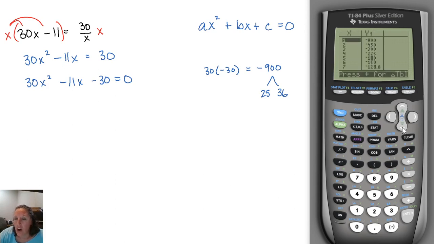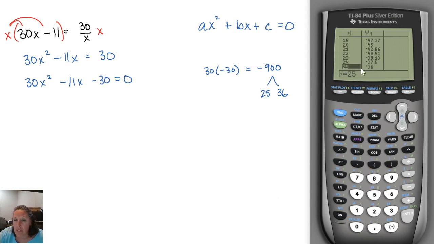And what you see here are all of the factors of the number that we put in the numerator, in this case negative 900. And so we're looking for a set of numbers that have a difference of 11. Well, 1 and 900, 2 and 450, these are all way too far apart to have a difference of 11. Let's see, 15 and 60, we're still too far away. 18 and 50 is still too far away.